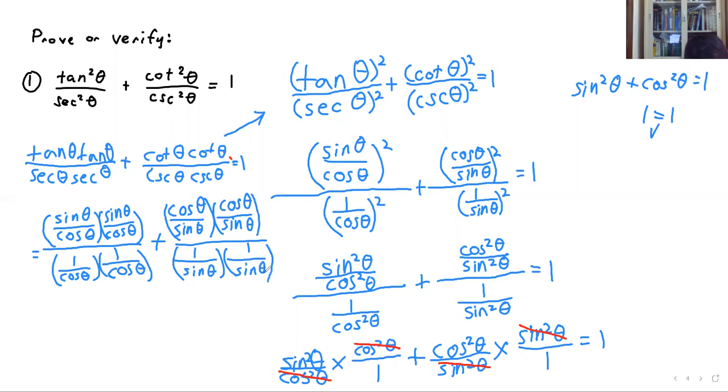Okay, so now we can remove these main fractions. What if I just make this fraction bigger? I can just multiply this, so this will just become sine theta, cosine theta, cosine theta.